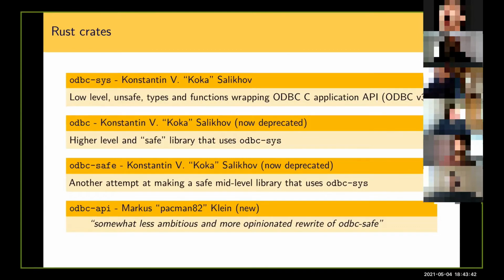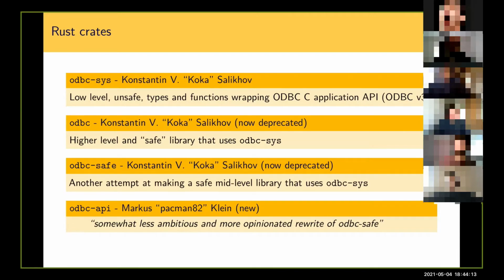So the state of the crates has changed since I did the project. There's a new crate there now, but when I started, there basically was odbc-sys by Konstantin, and this odbc-sys is the kind of low-level unsafe types that basically represent the C API of ODBC version 3.